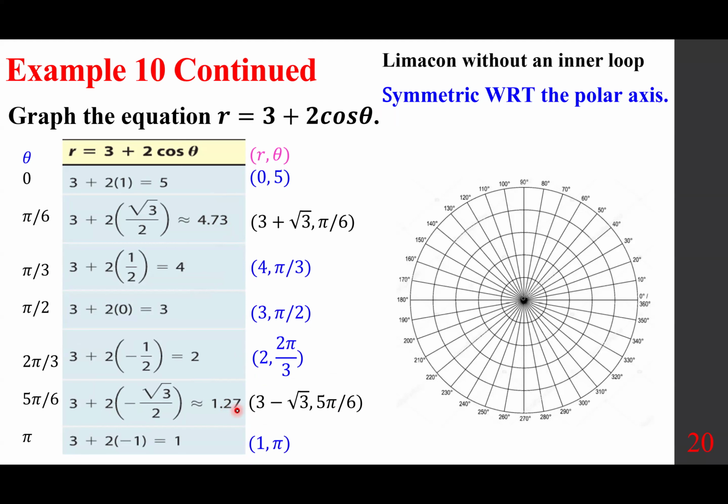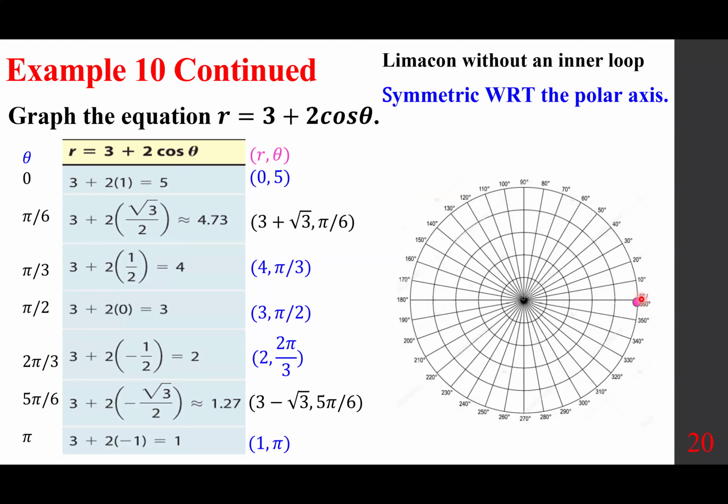So take a look at the pairs. The first one is 0, 5. So 1, 2, 3, 4, 5, that puts it here.